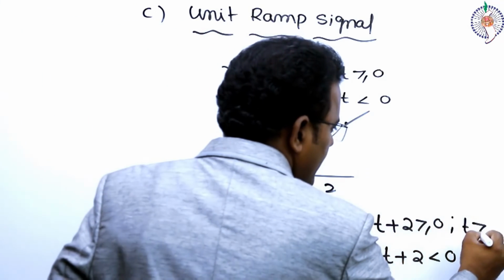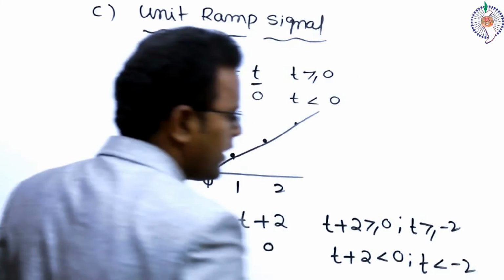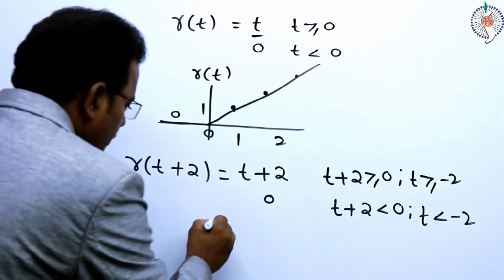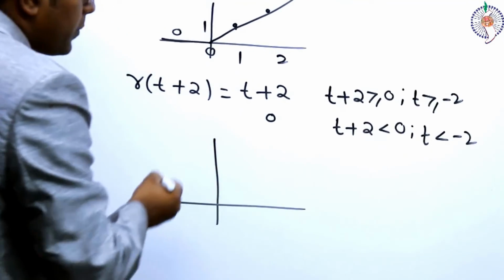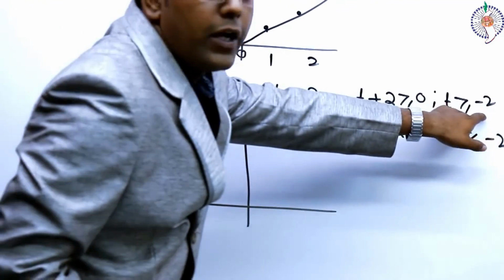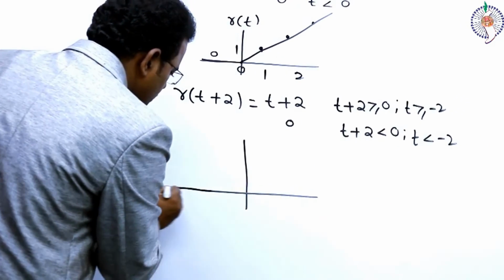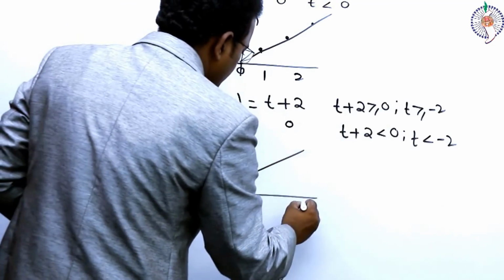That is, t greater than or equal to minus 2, and 0 for t less than minus 2. If I draw the waveform of the signal r of t plus 2, starting from minus 2 onwards, before minus 2, its values are 0. Let's take this as minus 2. From minus 2 onwards, it is increasing.